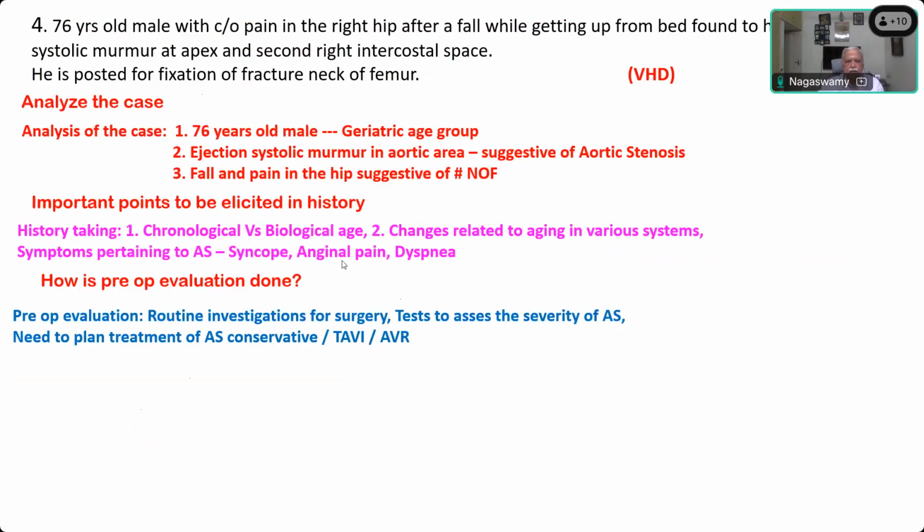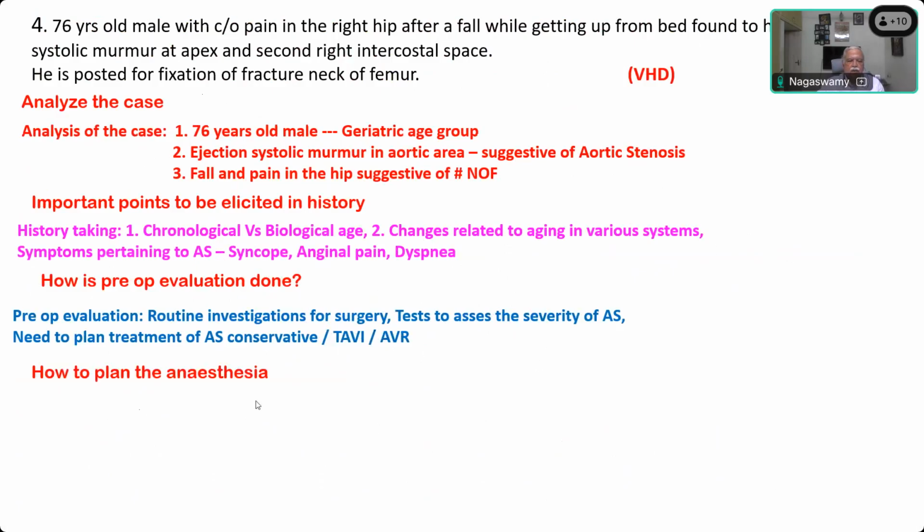So it depends on the severity of the aortic stenosis and the clinical symptoms of the patient. If he is very dyspneic and the valve is very much narrowed, then first you may have to correct this, or take extra precautions in managing this case before you do the non-cardiac procedure.